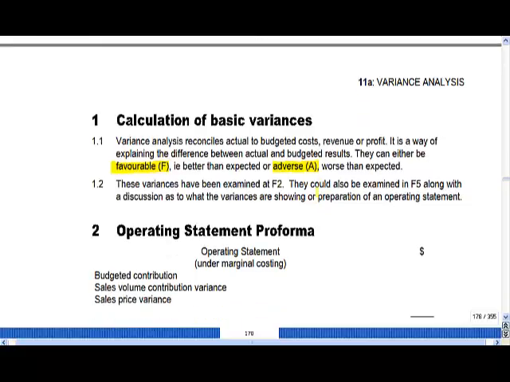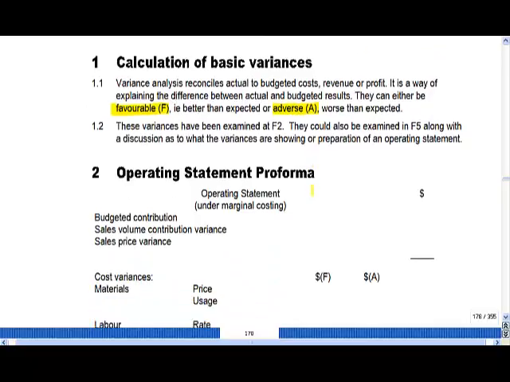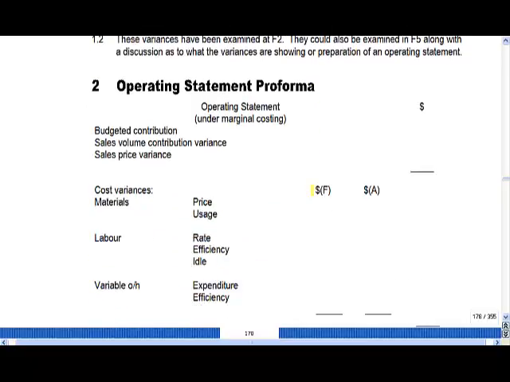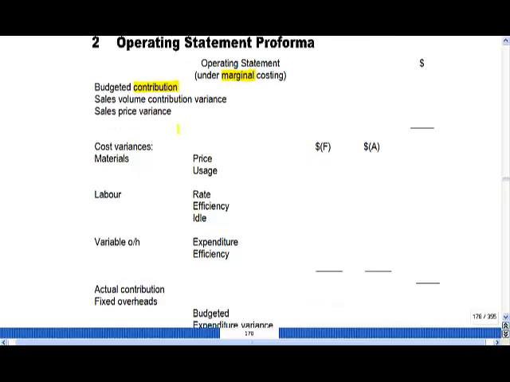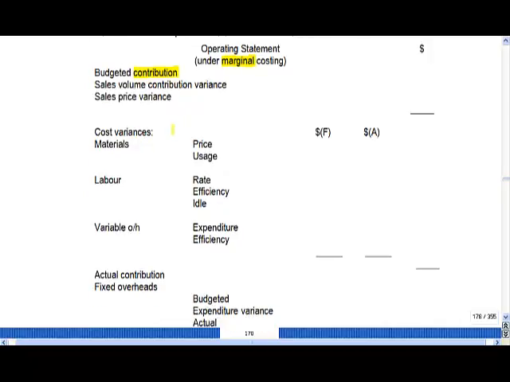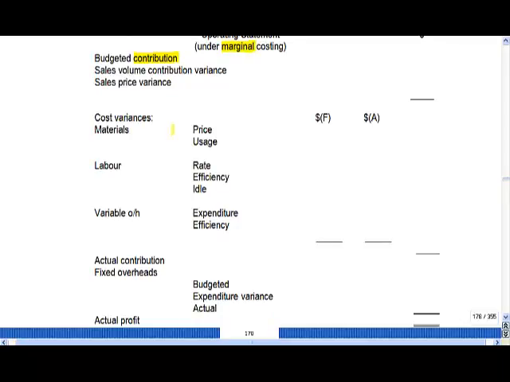Now in section 2 we have an operating statement pro forma. This is under marginal costing, so hence we start with budgeted contribution. We then bring in our selling variances before we bring in all of our cost variances to get to an actual contribution, and then we bring in those fixed overheads.